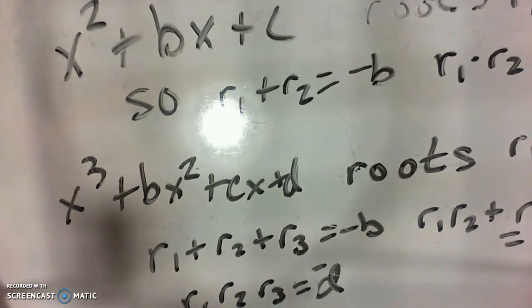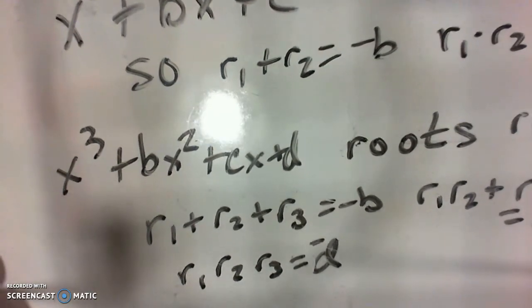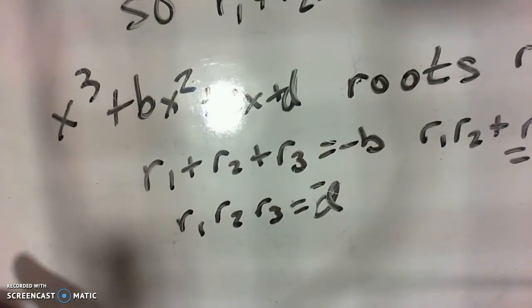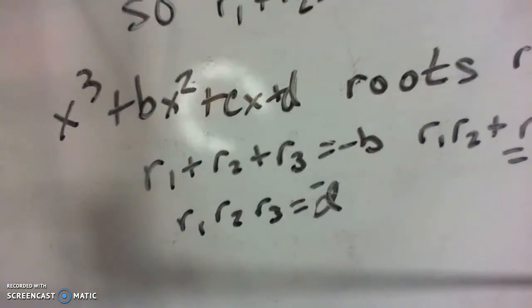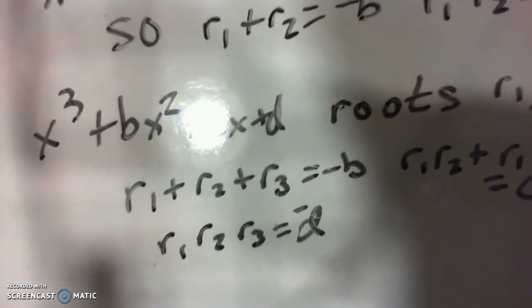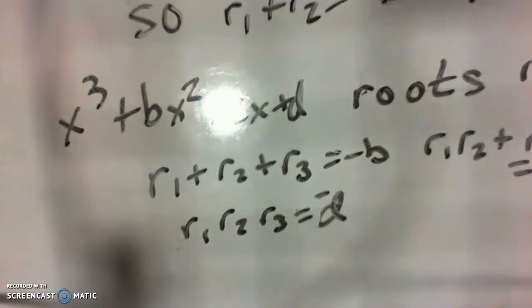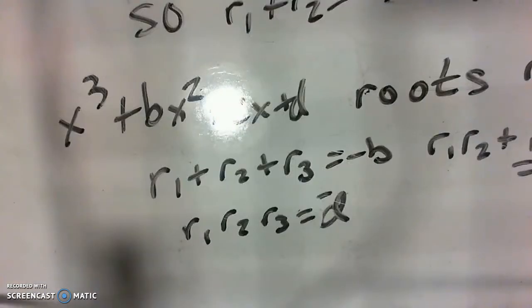Now let's look at some of those relationships when we go to a cubic. Again, my roots in a cubic are going to be r1, r2, and r3, so the relationship between r1, r2, and r3, we add them together, we get a negative b.